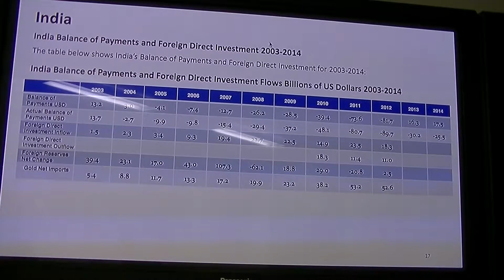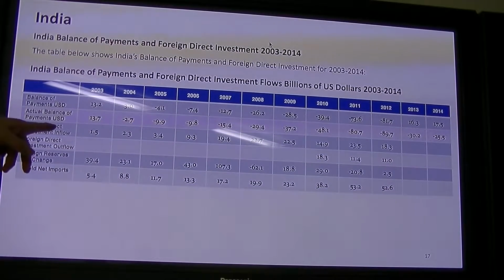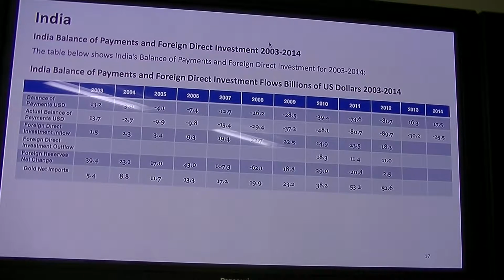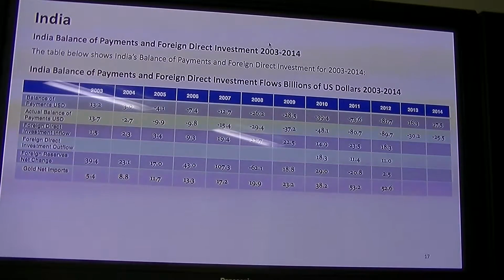But this is a very important thing to do because the FDI investment flow is in U.S. dollars. Your balance of payments is going to be in the domestic currency, so you have to convert it if you're going to look at investment flow.